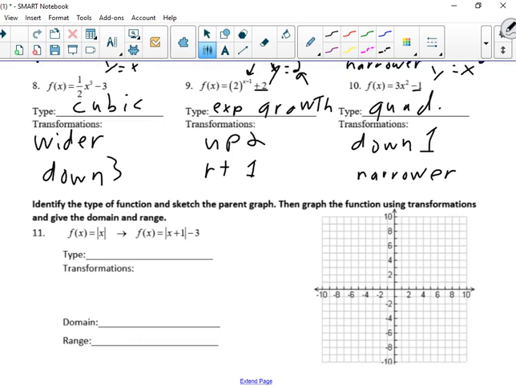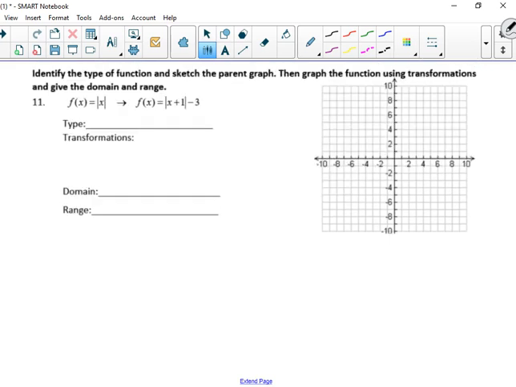Okay, number 11. We already know 11 is absolute value. So it has the absolute value bars. Again, we should use our calculator to graph this. That's what it looks like. You get all those points off your calculator.